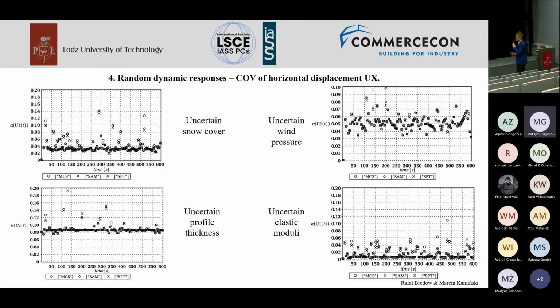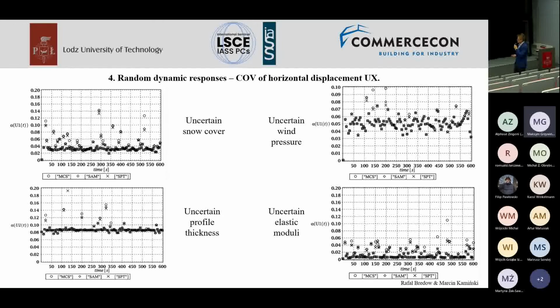Also, those output coefficients of variation maintained satisfactory accuracy when contrasting the stochastic perturbation technique to referential approaches. And from these graphs, another remark can be made that the structure exhibits different sensitivity towards those considered parameters, as the output random dispersion of those horizontal displacements regarding profile thickness is larger than referring to, let's say, elastic moduli or other considered parameters.